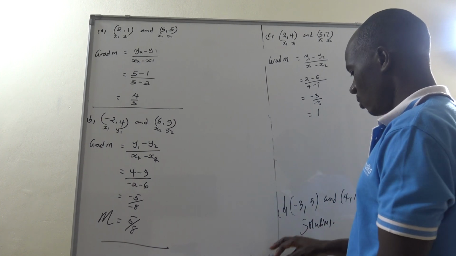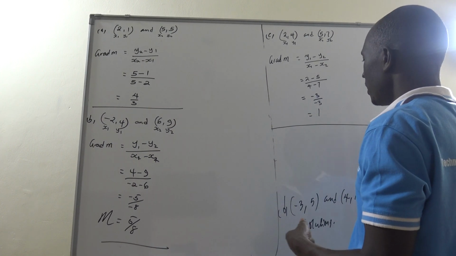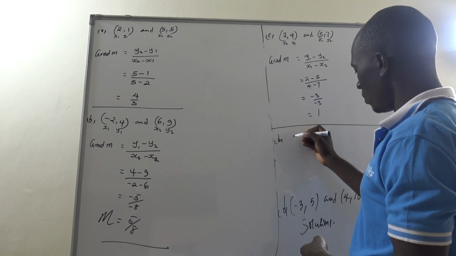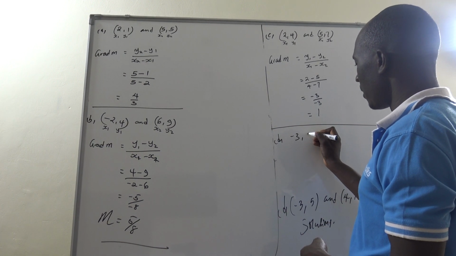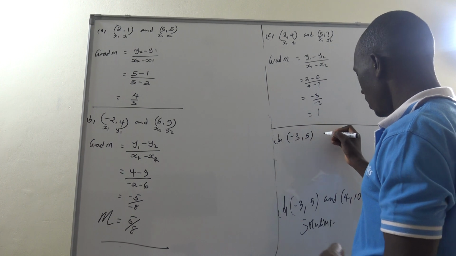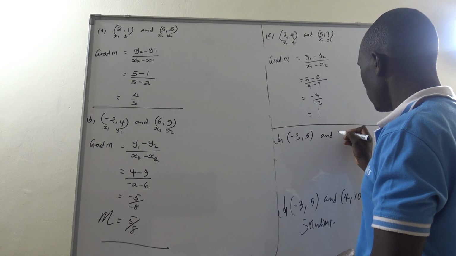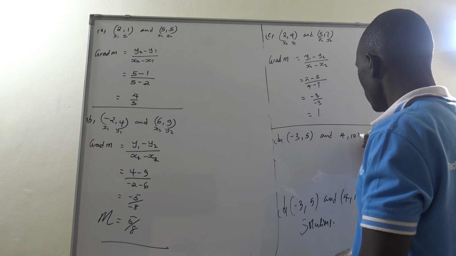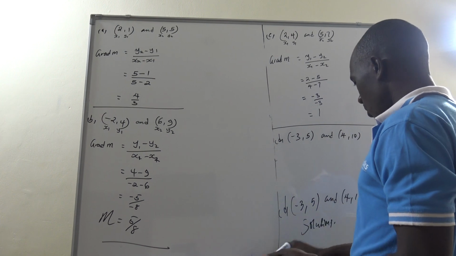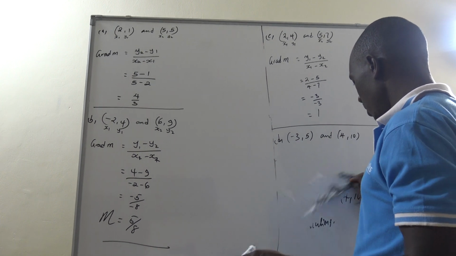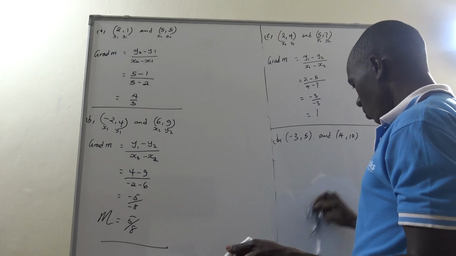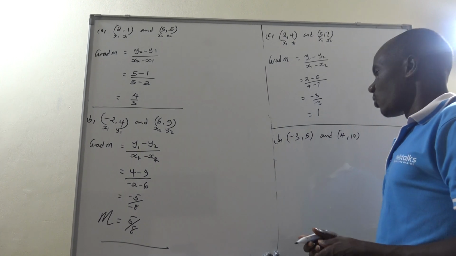We want to go to part D, which is having negative 3, 5 and 4, 10. Look at those points. There are two coordinates which we need now to baptize.